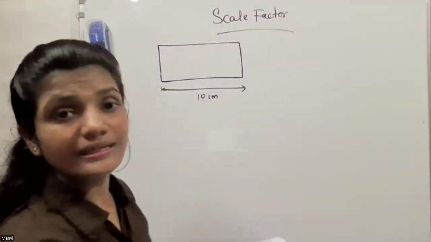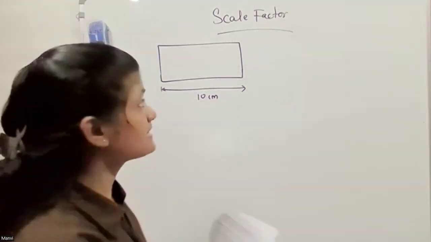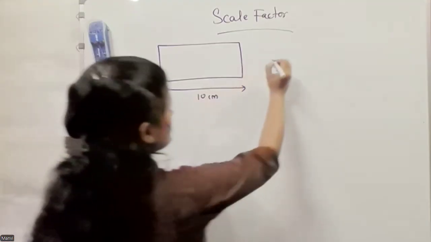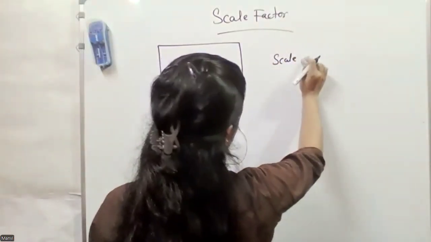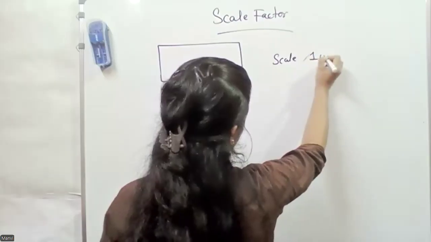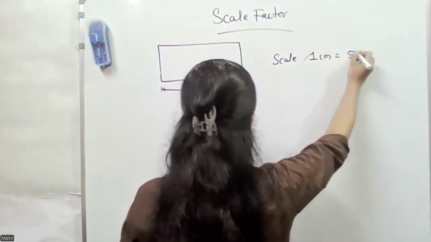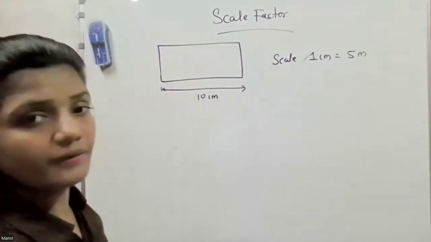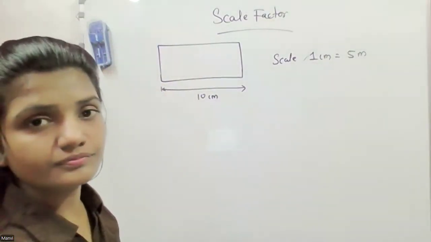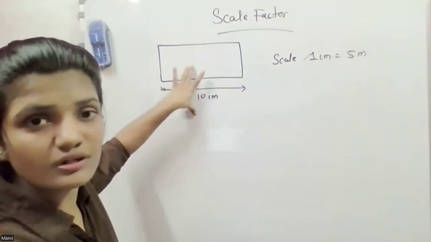This denotes 10 centimeters, and the scale says that 1 centimeter equals 5 meters. So what is the real length, Kavya?